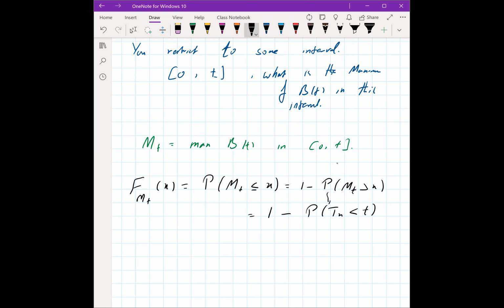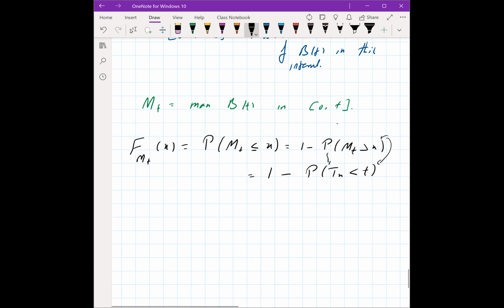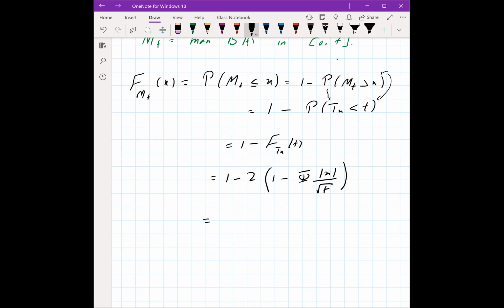So the hitting time, the first time you hit x, has to be less than t. These two events are same, so the probabilities are same. So you got this, but this we just computed.